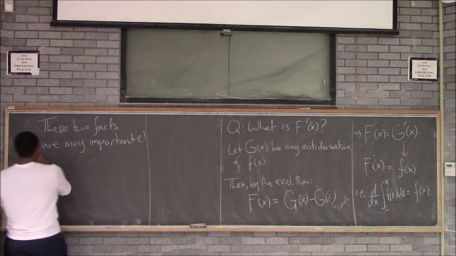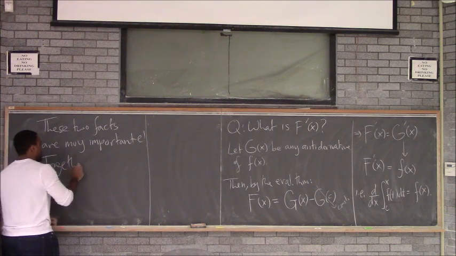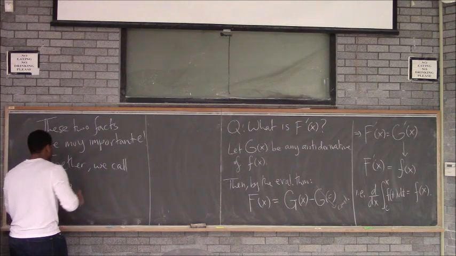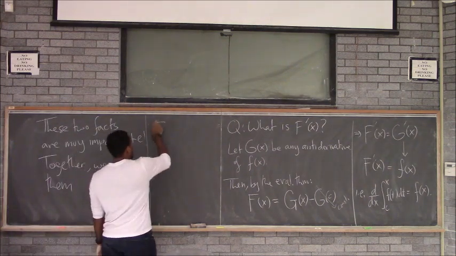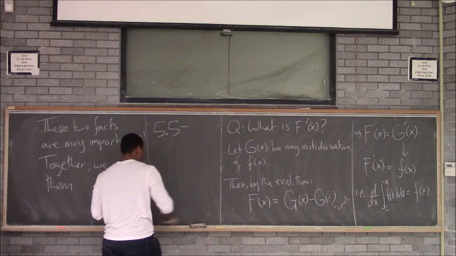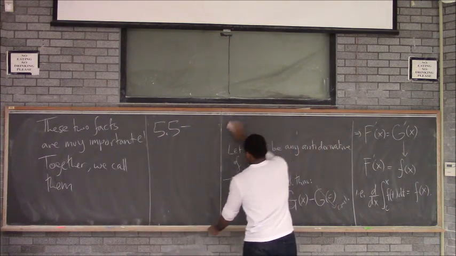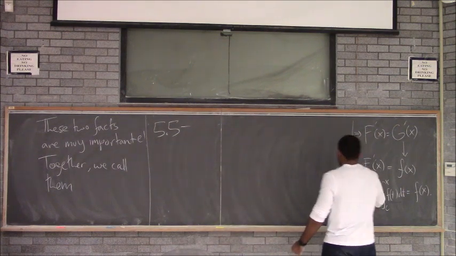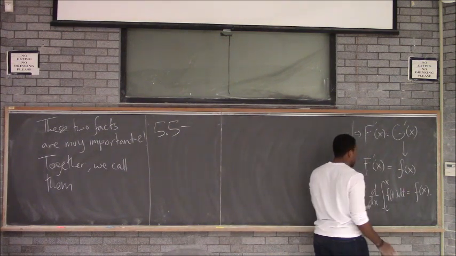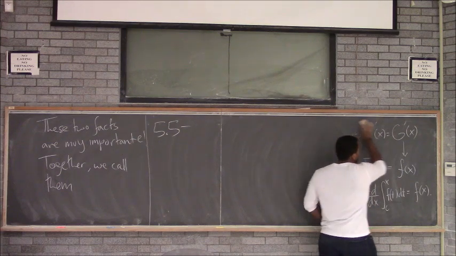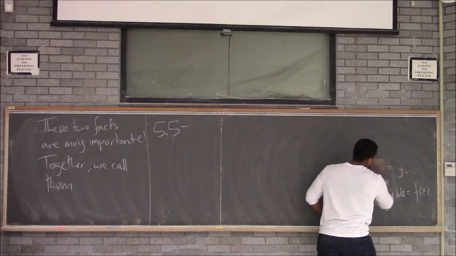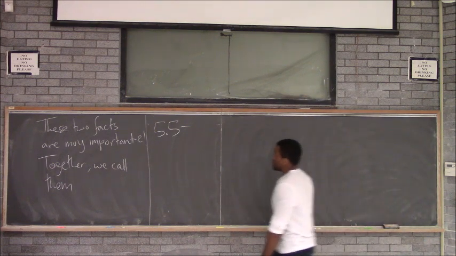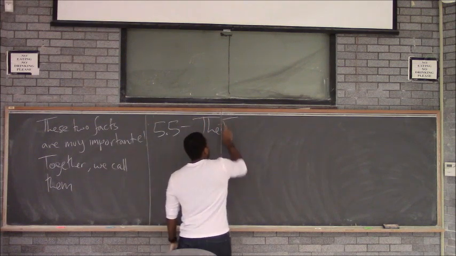Together, we call them the title of the next section, 5.5. So you take the evaluation theorem, which is a very important fact that helps us compute these infinite Riemann sums in a very convenient way, and take the fact that if I differentiate an integral, it just gives me the original function back. Putting those together gives us the fundamental theorem of calculus.